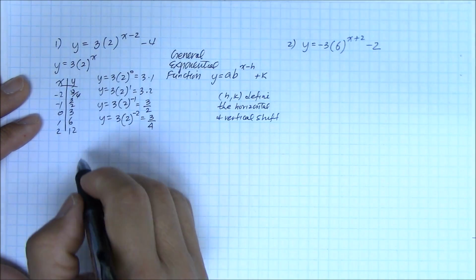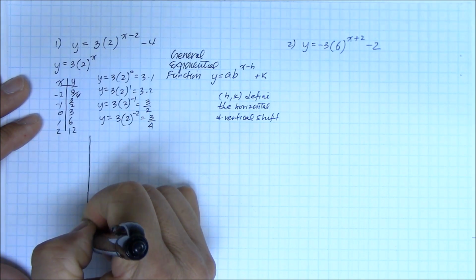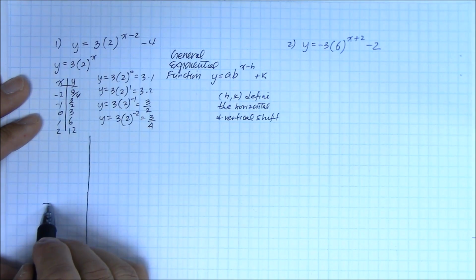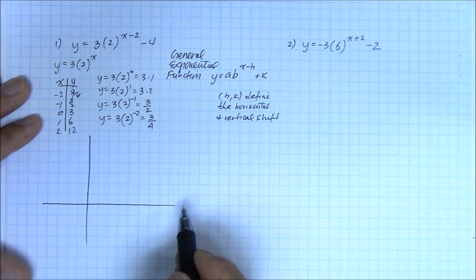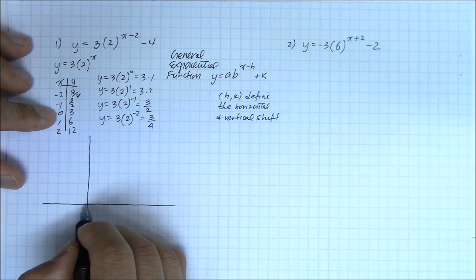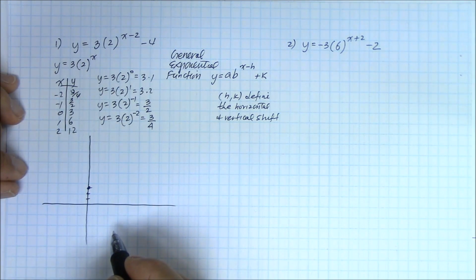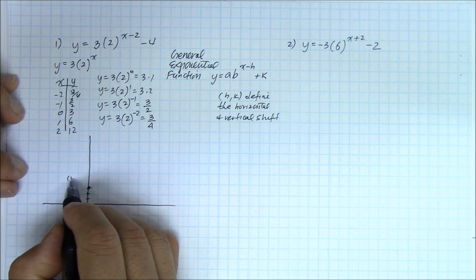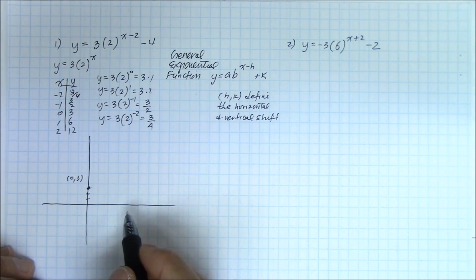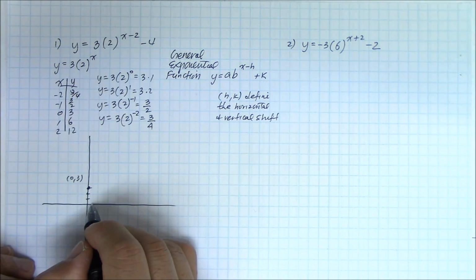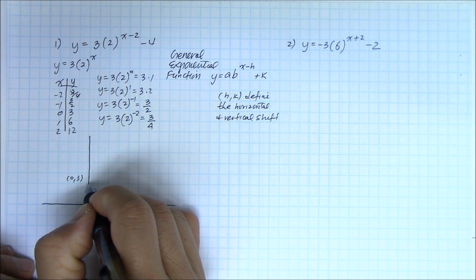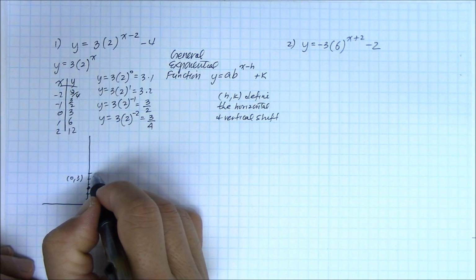Now, to graph this, here's what it looks like. The coordinates are 0 and 3. 0, 1, 2, 3. Boom. That's the y-intercept at 0 and 3. And when I put x equals 1, y is going to be 6. 3, 4, 5, 6.